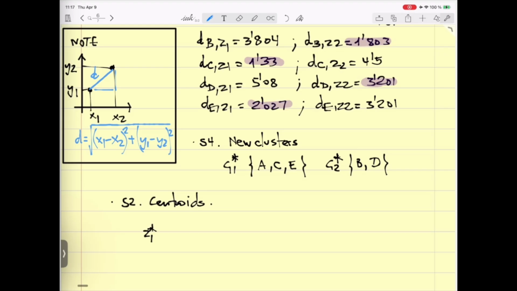Z1 star, the new centroid, is the x coordinates of A, C, and E, 0 plus 1 plus 2 divided by 3. The y coordinates of A, C, and E is 3 plus 2 plus 4 divided by 3. So this is going to be the point 1,3.